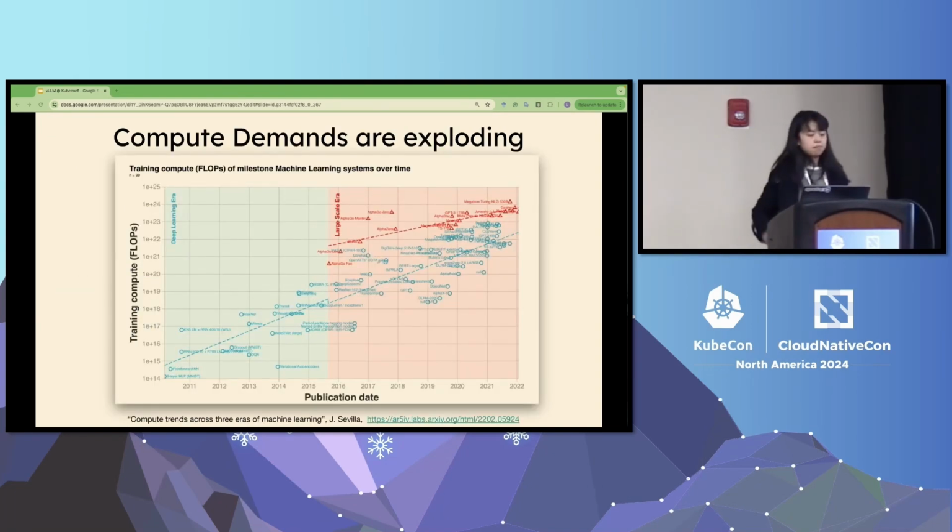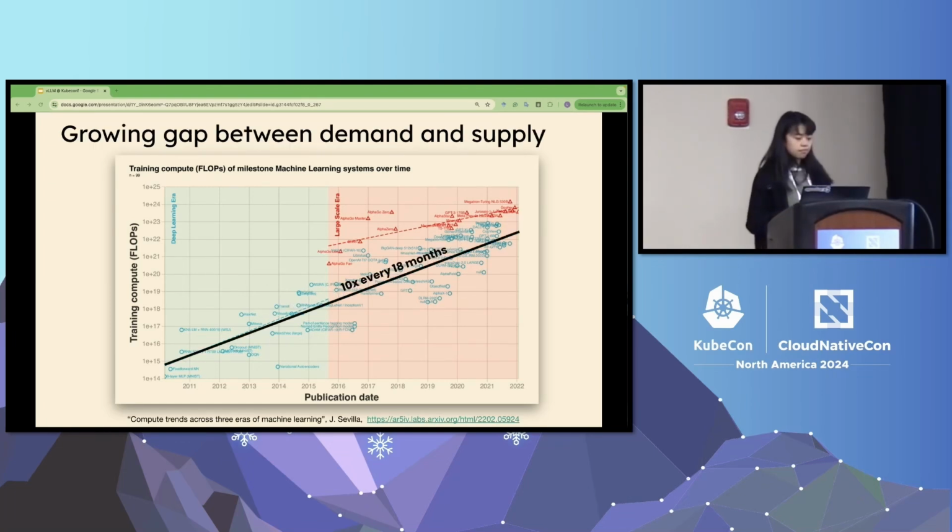But at the same time, as the model grows larger, the compute required to train those models increases at an extraordinary rate. So in fact, as illustrated here, training compute has been growing 10 times every 18 months. But in contrast, Moore's law shows that general-purpose CPU advancement grows at a much slower rate. It doubles about every 18 months.